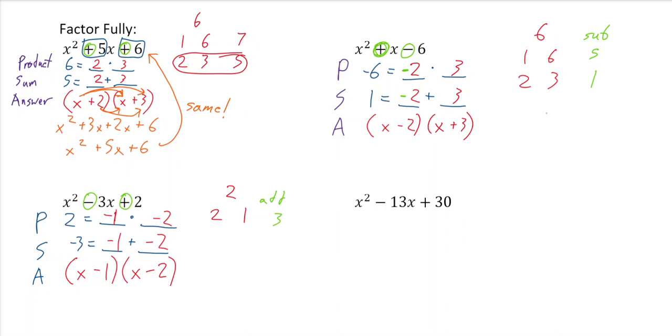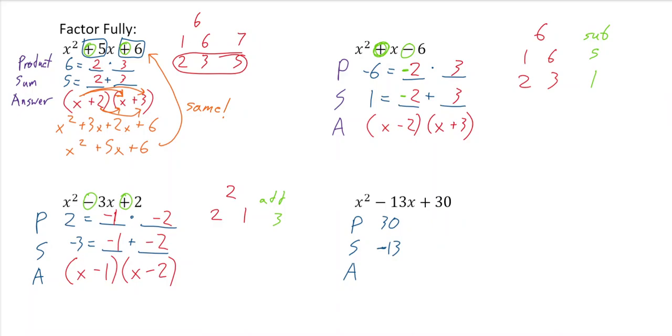All right, let's do another example here. We've got PSA. I would like it if we had a double negative version, but that's okay. We're going to have one later on in the video. So 30 and negative 13. Maybe I'll say just for now, if you have a double negative, that means it's going to be subtracting.